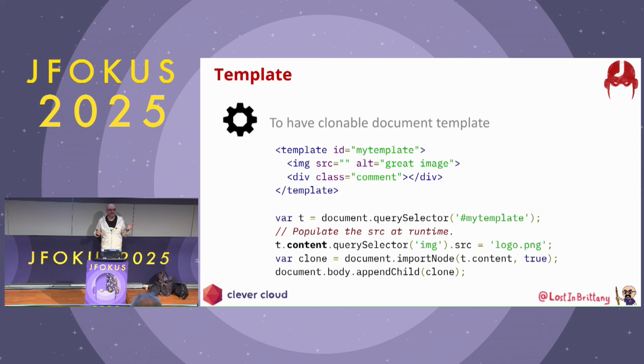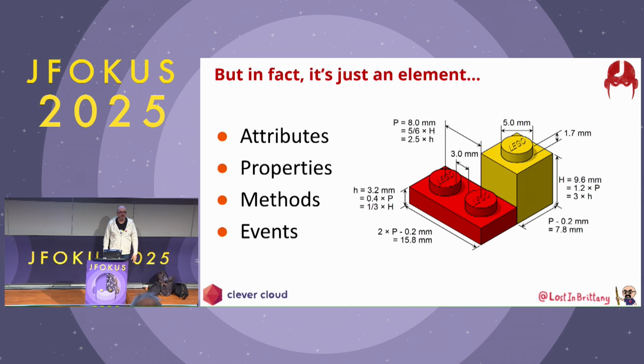And the template is where you define the look of your component. Retain only the concept. Because in fact, a custom element is like any other HTML element. They have attributes and properties as input.